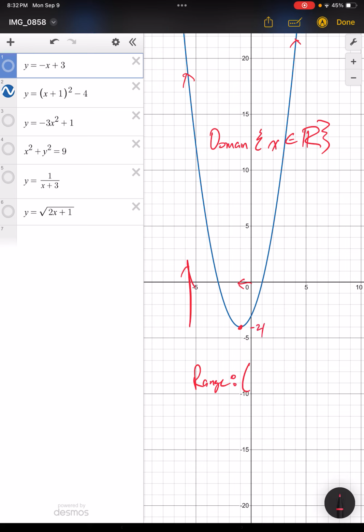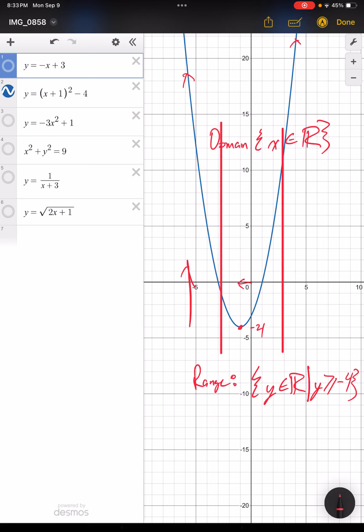So the range is equal to, you put the curly brackets, y element of R such that y is greater than or equal to -4. And that's my domain and range. Is it a function? This is not the question, but yes, it is, because there's only one y value for any x value. Okay, moving on.